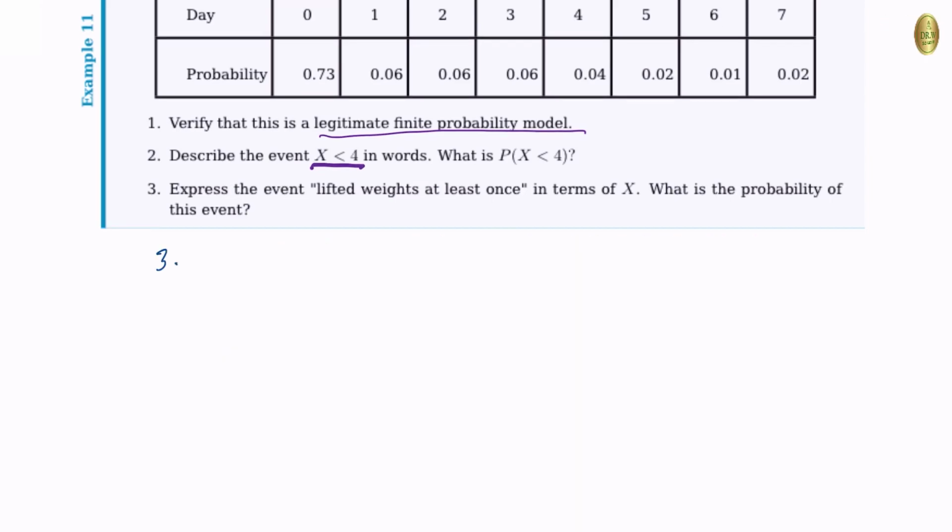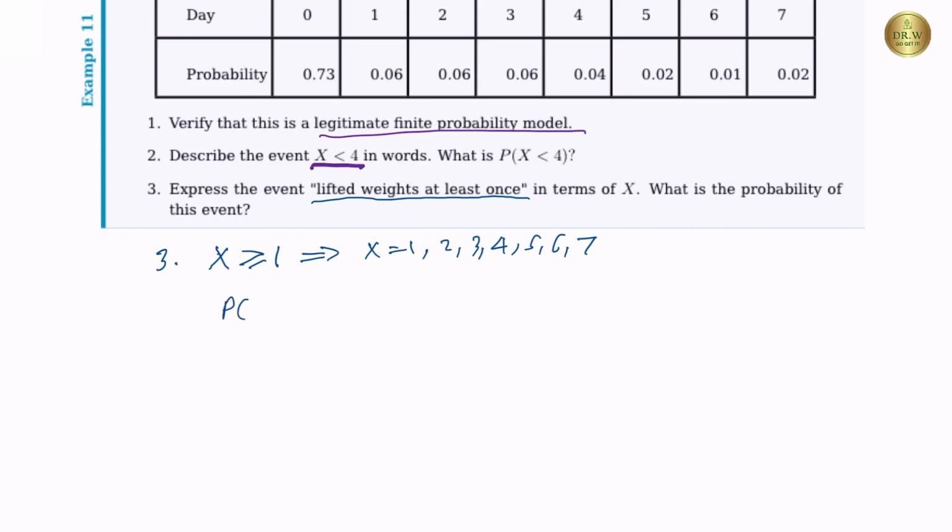Then third, express the event lifted weights at least once. At least once, I say X greater than or equal to 1. At least once means X equals 1, 2, 3, 4, 5, 6, 7. Then how do we find the probability of this, X greater than or equal to 1?